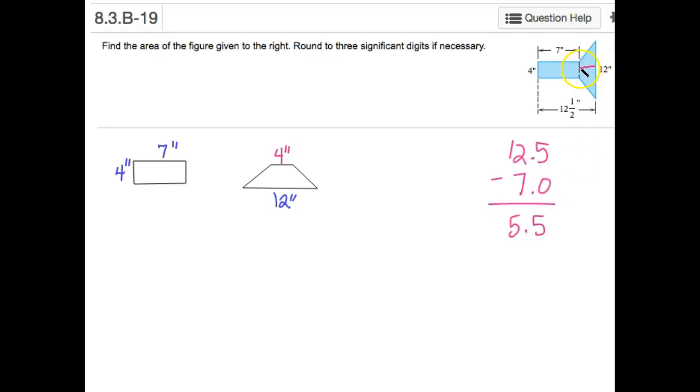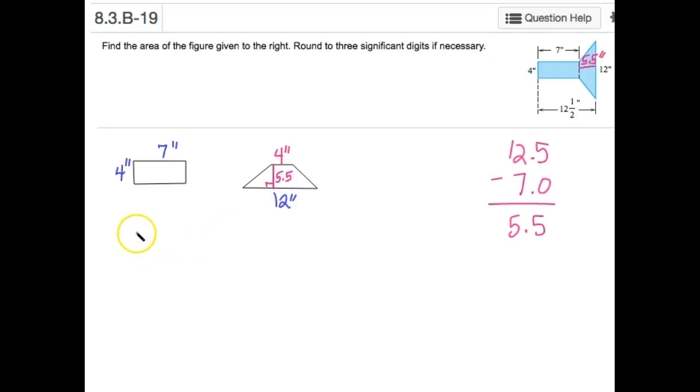So this pink line in here is 5.5 inches. And that makes sense because if we go from here to here we have 7 inches plus this little piece, which is 5.5 inches. So the height of our trapezoid is 5.5 inches.